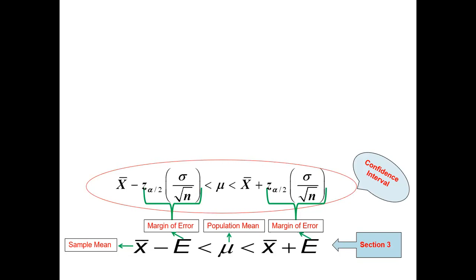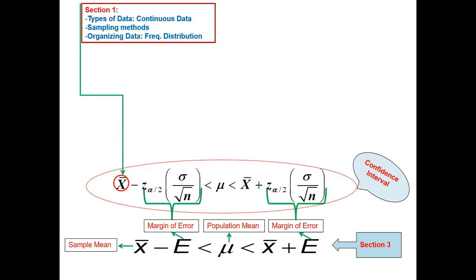Okay, so how then does each of these pieces relate to the course starting from unit 1? Okay, first you look at the sample mean. Okay, to get the sample mean, you have to gather your data. If you gather your data, the idea of getting the sample mean is actually the process of summarizing the data. And so you summarize the data and then you get the sample mean as the descriptive.